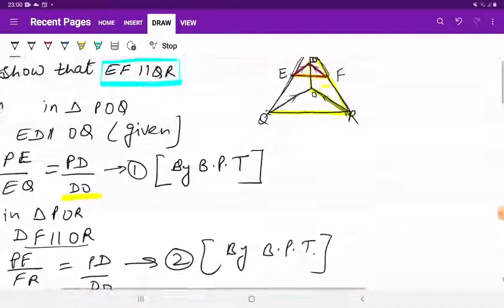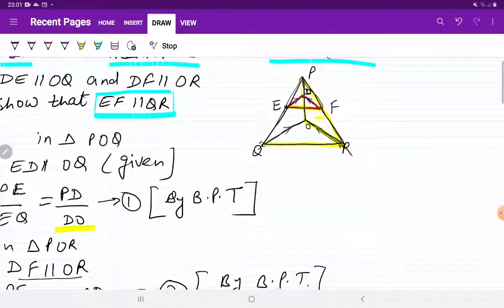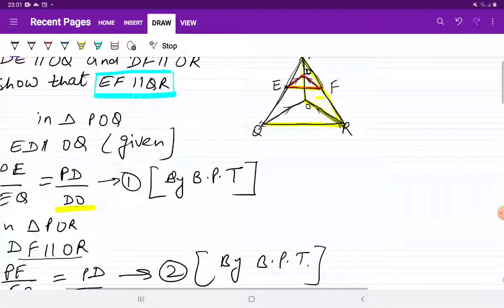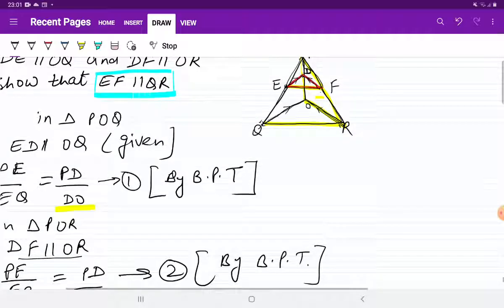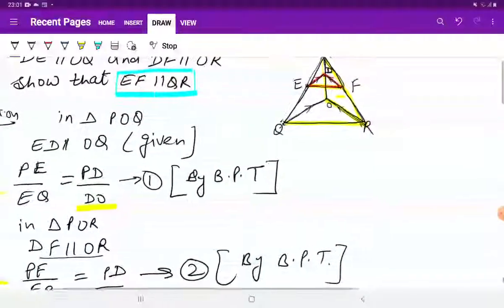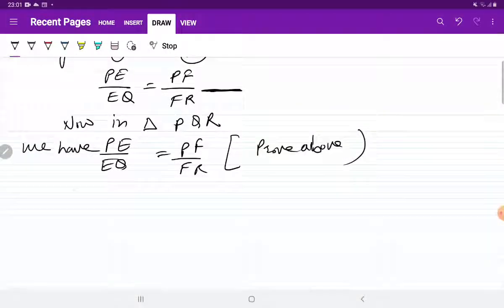Now in triangle PQR, my ratio is the same, PE upon EQ equals PF upon FR. If the ratio of two sides is equal, which theorem can we use here? According to the converse of Thales theorem, that side will be parallel. So EF will be parallel to QR. This implies EF is parallel to QR, which is what you had to prove. You can give the reason here.